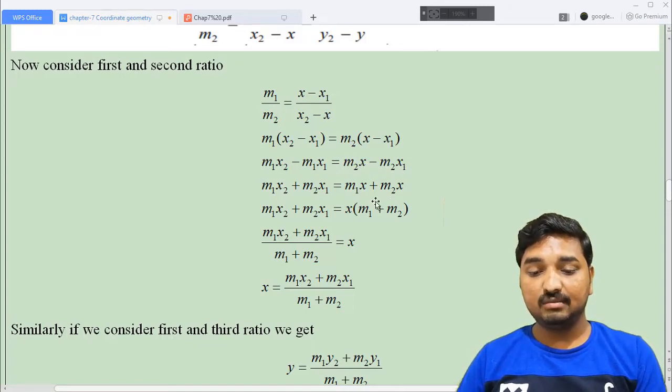Now the next thing is important. You need to separate the terms containing x. Here just x is present, not x1, x2, and here also. Just wait here. I think I have made a mistake here.